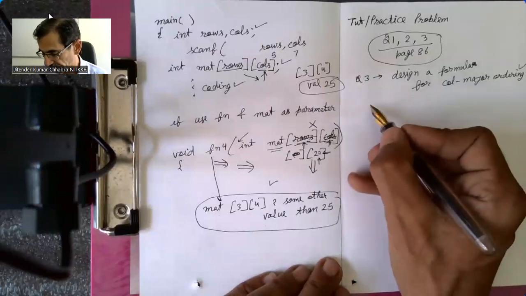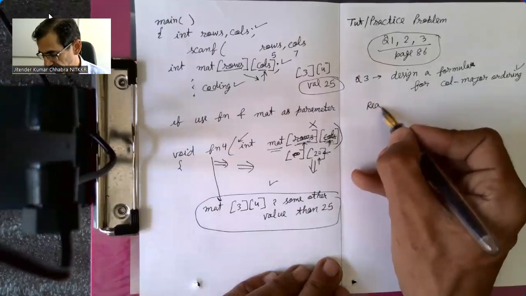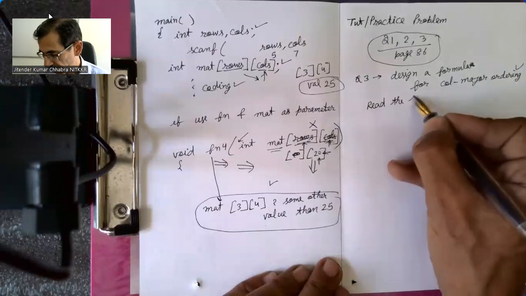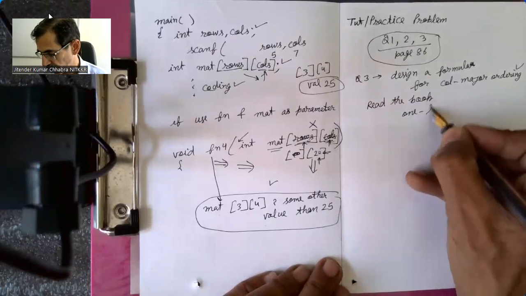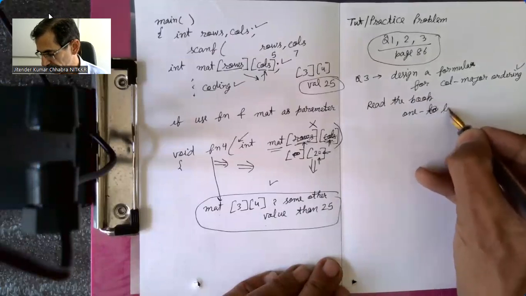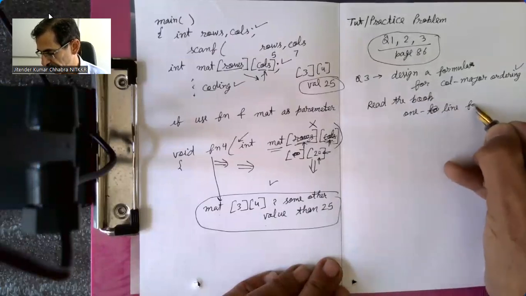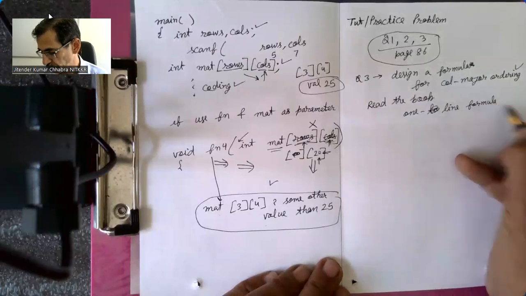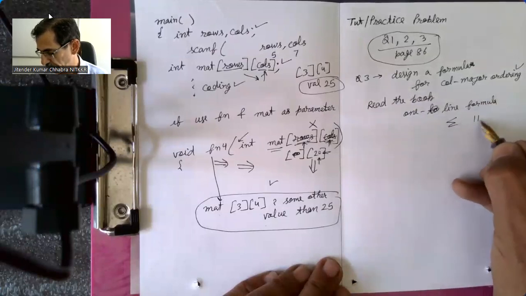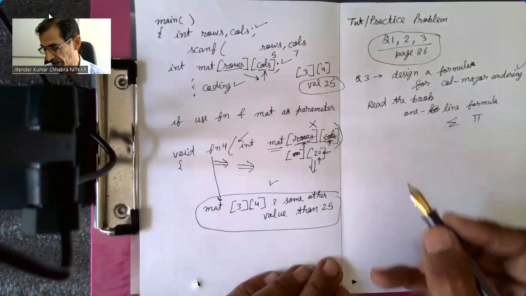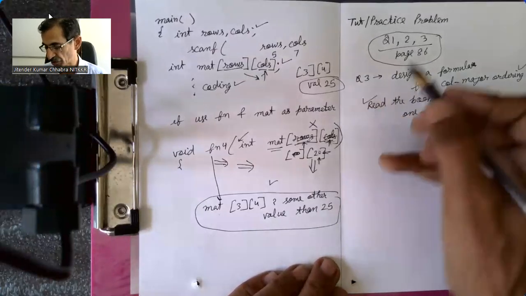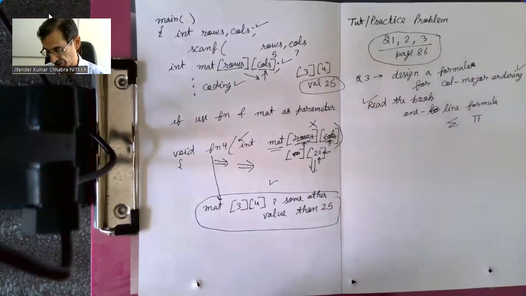And secondly, I have also said already, read the book and also make a one-line formula for row major ordering, where the one-line formula will obviously use your summation symbol and product symbol to write the n-dimensional row major ordering. So try this, and I will stop here.